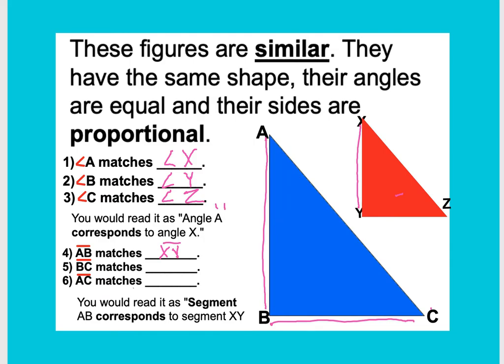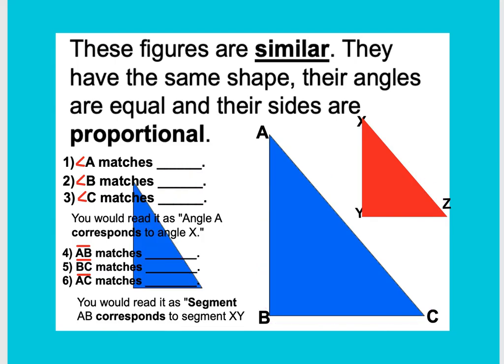YZ, very good. And then AC corresponds to XZ, yes. Could you say ZX? Well, you'd want to then go CA. You want to go in the same direction, okay? But make sure you use the big word like corresponds to. All right, very good, guys. You did great.